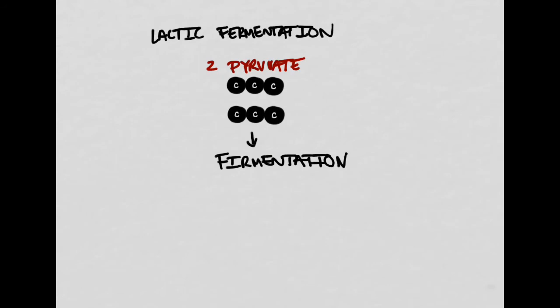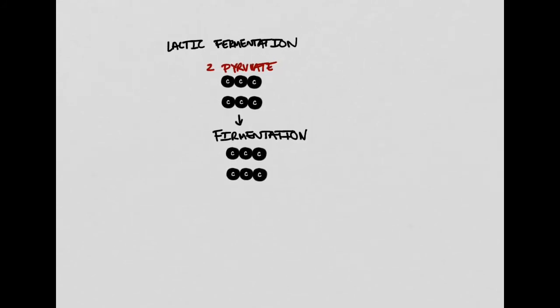Okay, so we've got our 2 pyruvates, and we'll put them in our fermentation box. So let's select them right here, and paste them down below, and put this whole thing in a box.